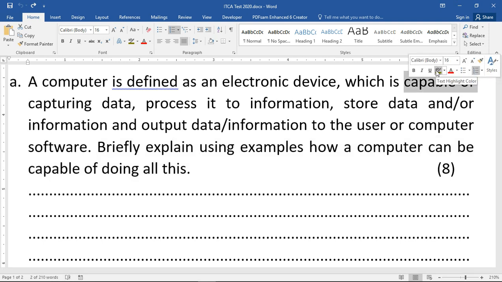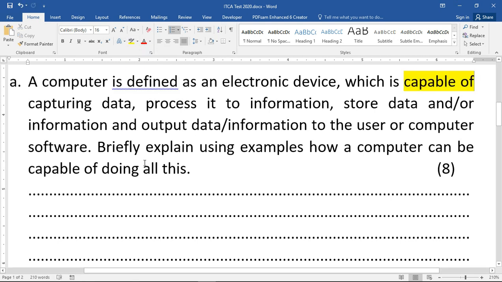So you see that, let's highlight that, and then here on the question, briefly explain capable of. So these two terms are related. Now, capable of what? Capturing data.